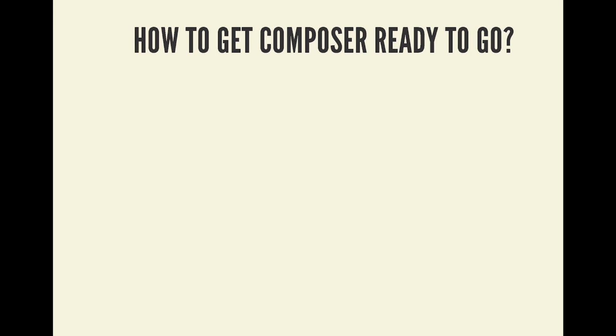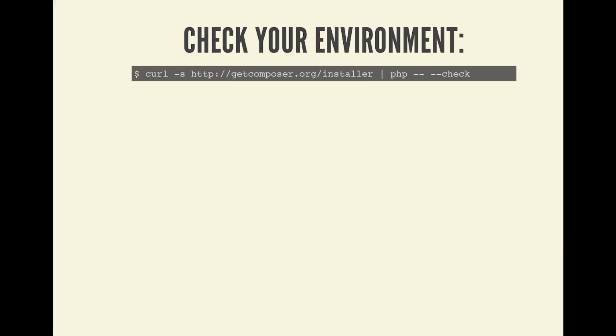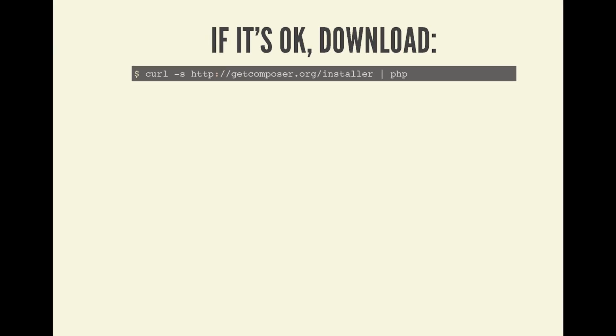Let's talk about how we can get Composer up and running. The first thing we should do is check that our environment fully supports this tool. There should be no warnings like turning on APC for the client environment. If everything is okay, we should simply download it. It will do our stuff for us. To check what version we have, just call Composer and use the version option.